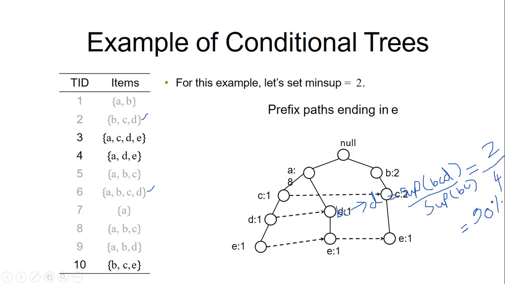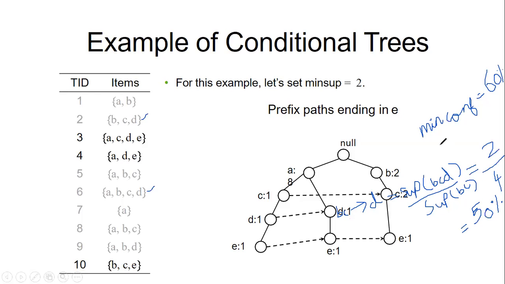Suppose my minimum confidence given is 60%. Then this rule will not be considered.